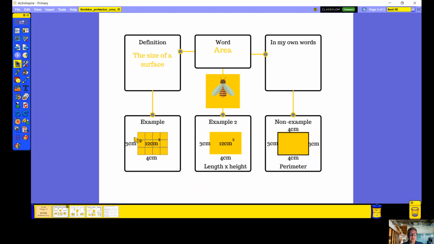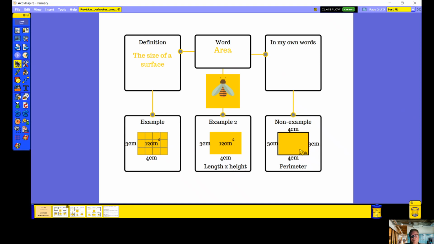Or if we were to lay that shape on 1 centimeter squared paper, we would find it would cover 12 of the squares. So moving on and taking the squares away, now we're completely reliant on 3 times 4 is 12, and centimeters times centimeters is centimeters squared, or the formula, length times height.